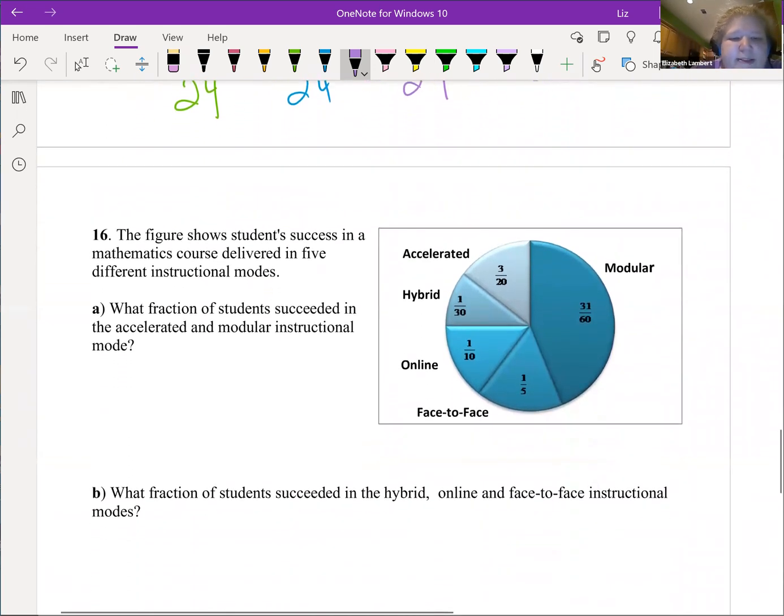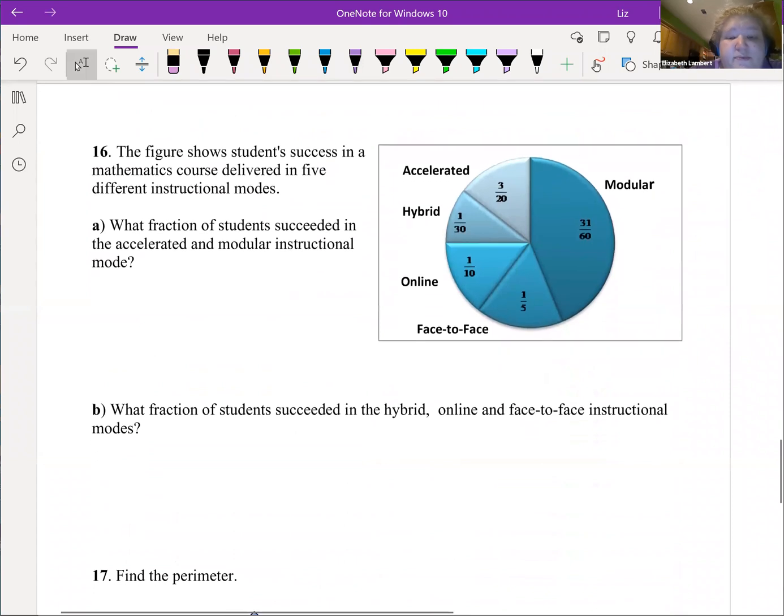All right. We have a very ridiculous fraction. The figure shows students' success in a mathematics course delivered in 5 different instructional modes, meaning they looked at like 10 classes or something that were taught in different ways and then counted how many students succeeded.